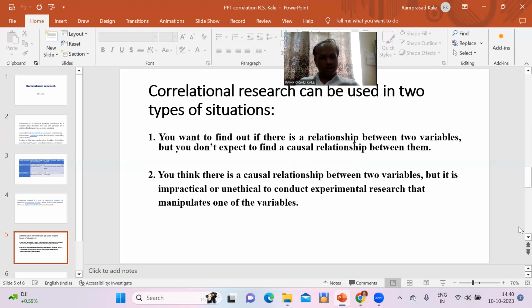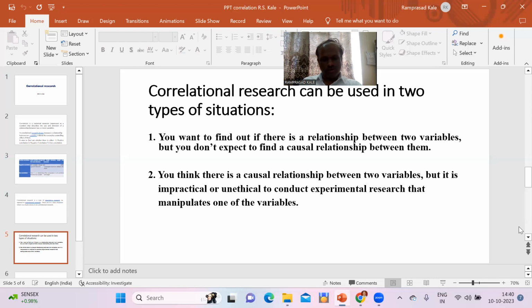The other situation is that you think there is a causal relationship between two variables, but it is impractical or unethical to conduct experimental research that manipulates one of the variables. For example, if you hypothesize that passive smoking causes asthma in children, you can't do an experiment to test the hypothesis.